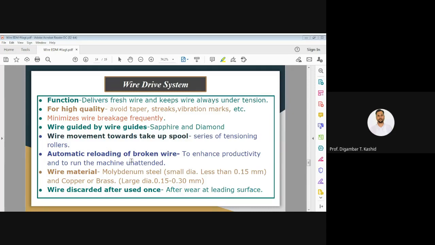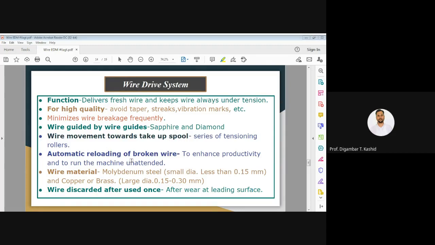For the wire guides you can use sapphire and diamond material. Again, using a series of tensioning rollers, the movement of the wire towards the take up spool can be maintained.